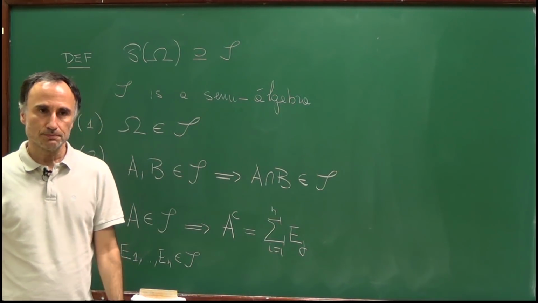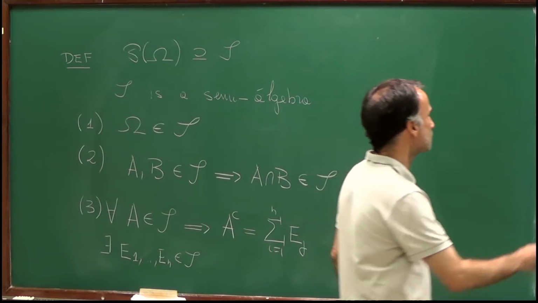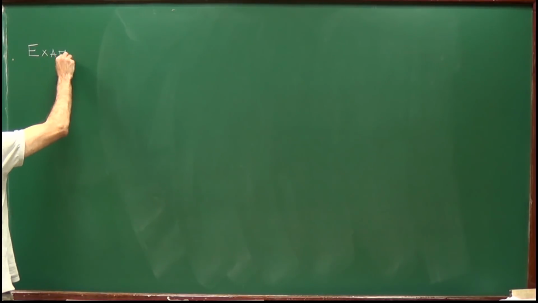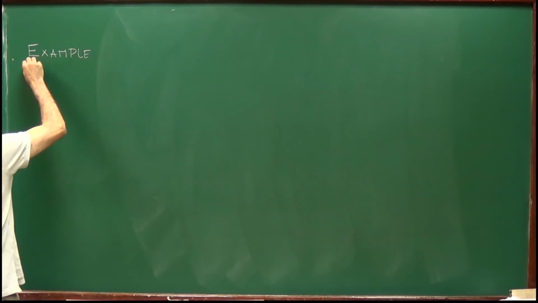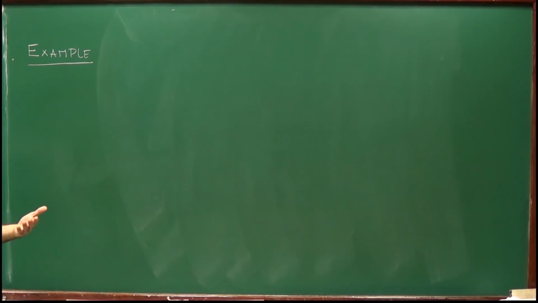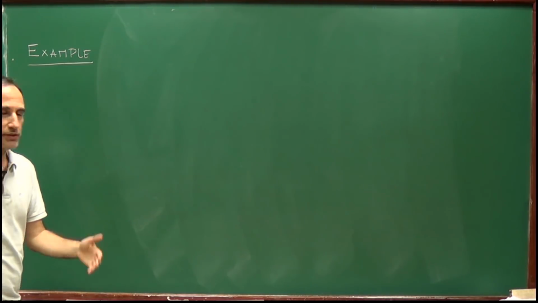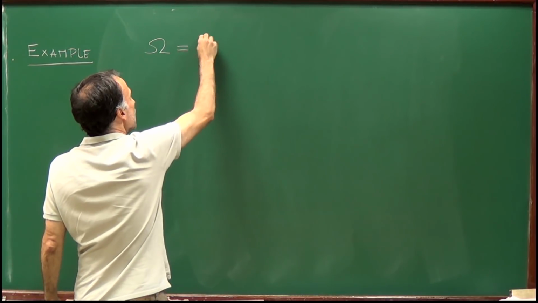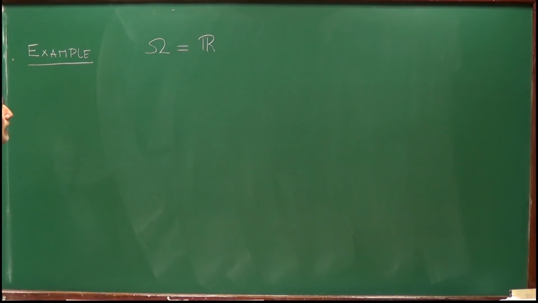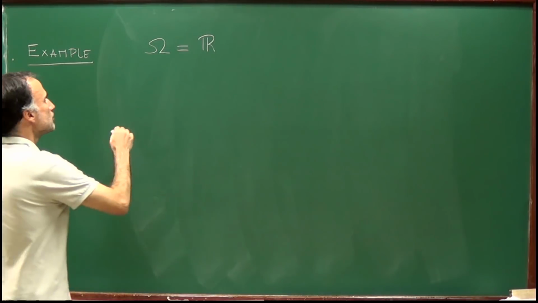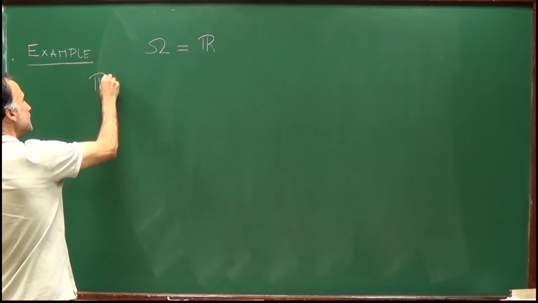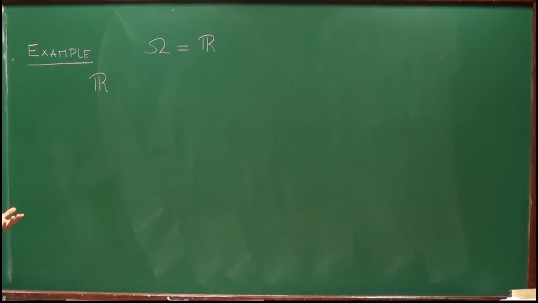Let's see an example. As I said, what we have in mind are the intervals. So let's take omega to be R, and let's consider the following class of sets. Well, we need R to belong to the class, for the class to be a semi-algebra.